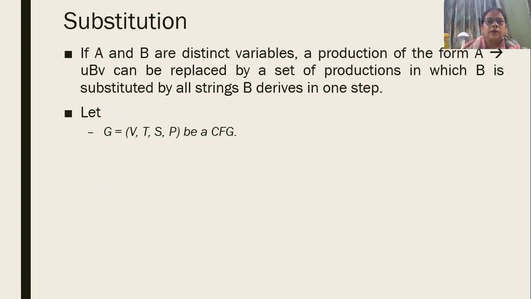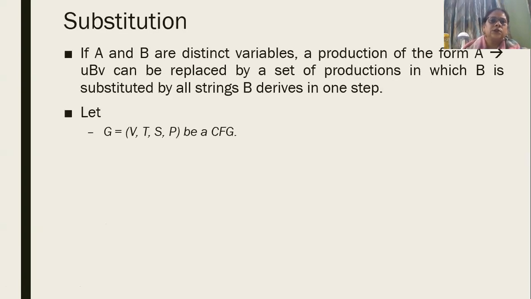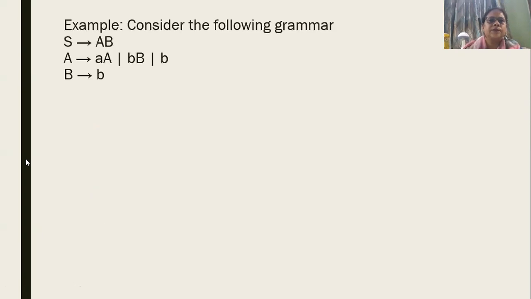Okay. Let us look at another situation here. Something like this. Here we have all the others conforming to the Greibach normal form except for one production, which is S derives AB.